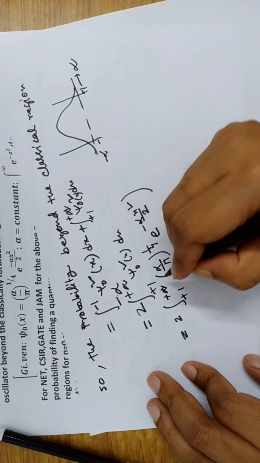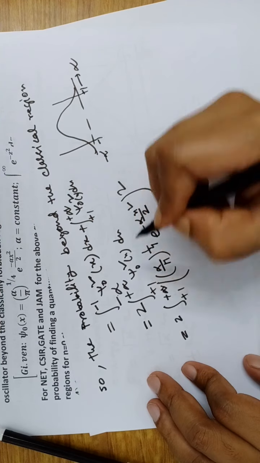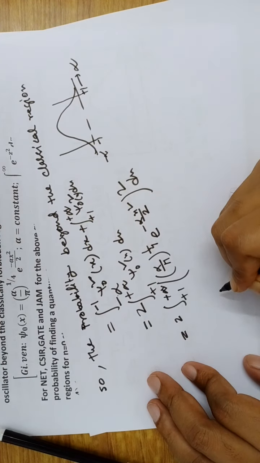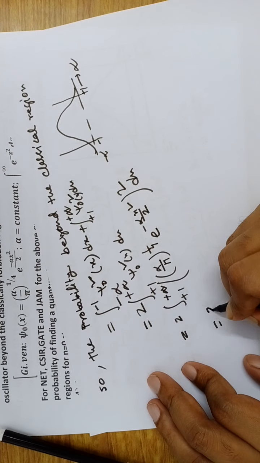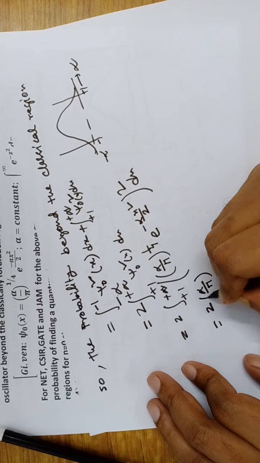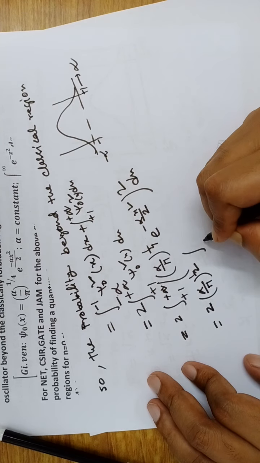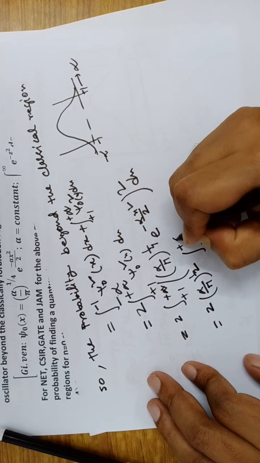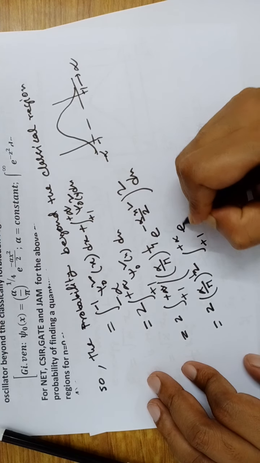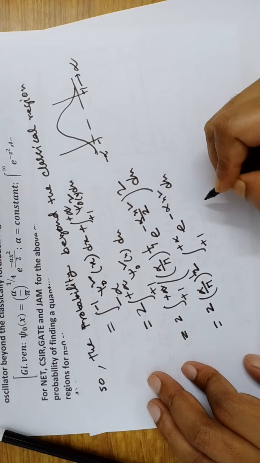This is actually squared, that is psi square dx. So equal to 2 into alpha by pi whole to the power half, integral from plus 1 to plus infinite e to the power minus alpha x square dx.